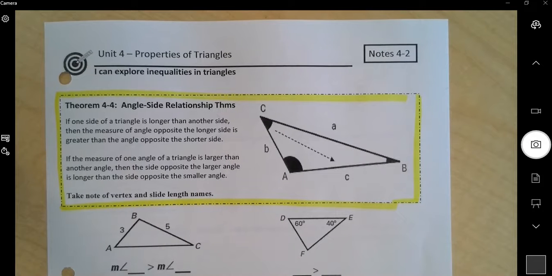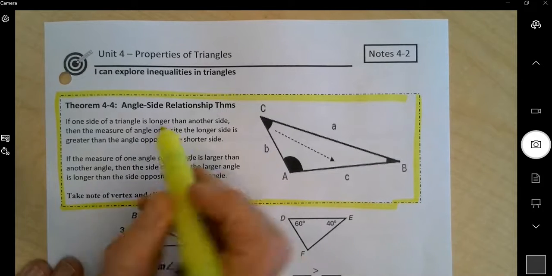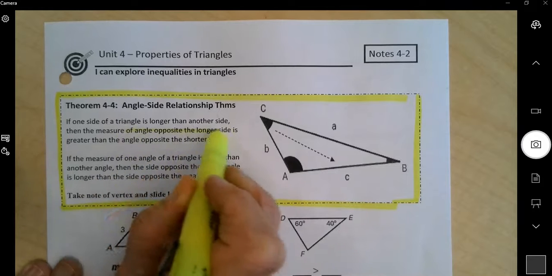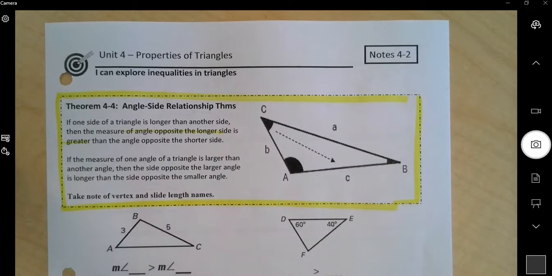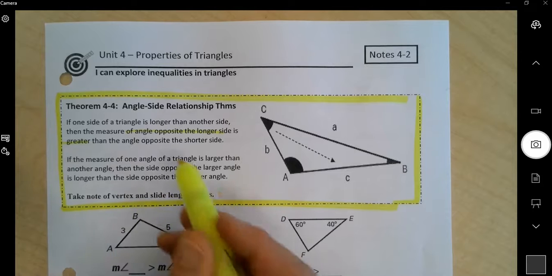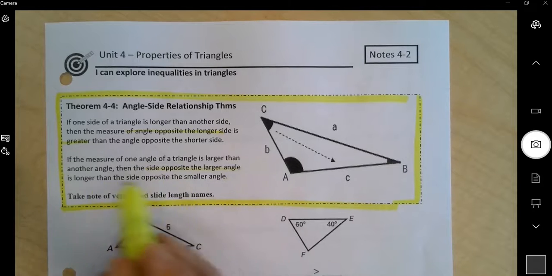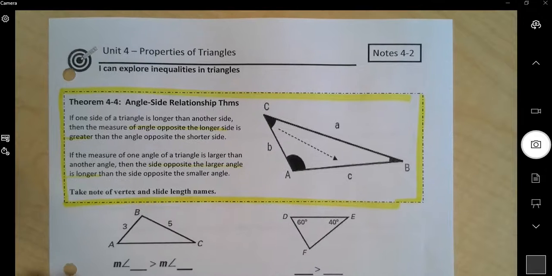If one side of a triangle is longer than another side, then the measure of the angle opposite the longer side is greater. If the measure of one angle of a triangle is larger than the other angle, then the side opposite the larger angle is longer. Hey, that's kind of cool.